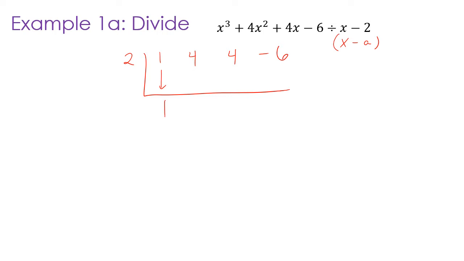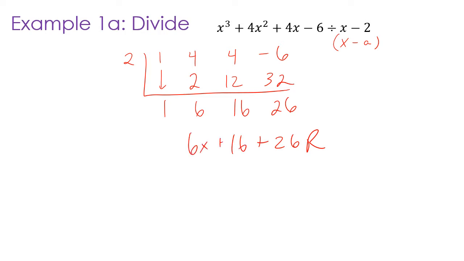Bring down the 1, multiply, 2 times 1 is 2, we are always adding. 6, 2 times 6 is 12, we're always adding. 16, 2 times 16, 32, we're always adding 26. Now how does that give us an answer or an expression? 26 is our remainder, 1, 6x, x squared.